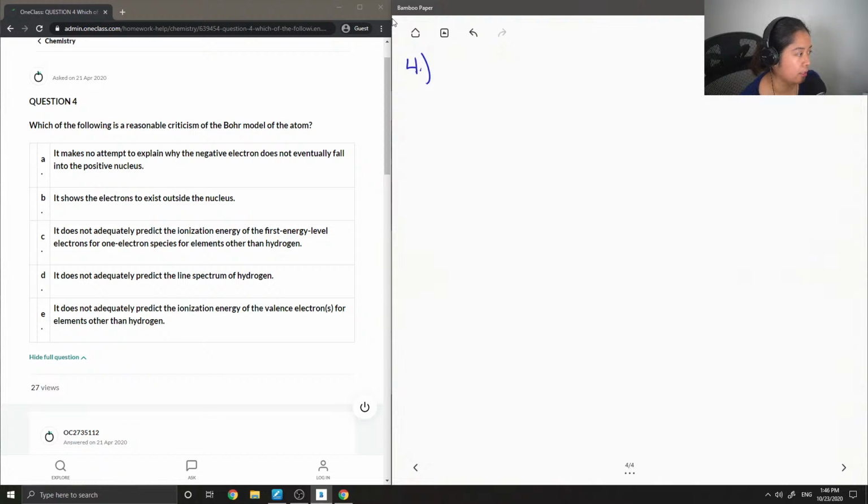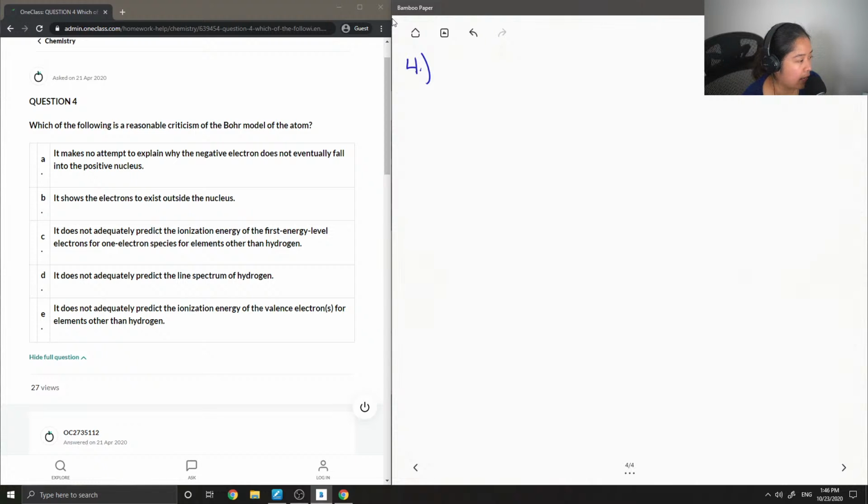The next one is it shows the electrons to exist outside the nucleus. C, it does not adequately predict the ionization energy of the first energy level electrons for one electron species for elements other than hydrogen. So the Bohr model does that as well, so that isn't our option.